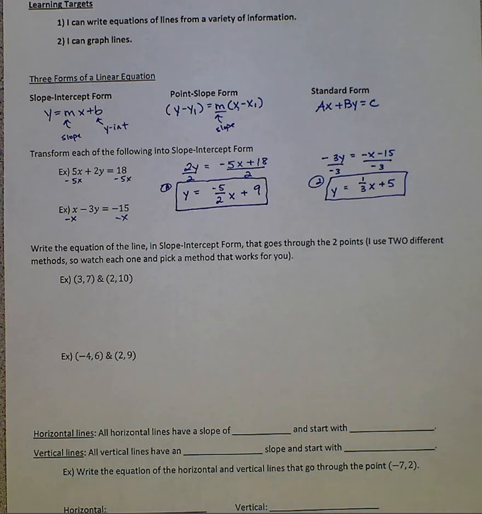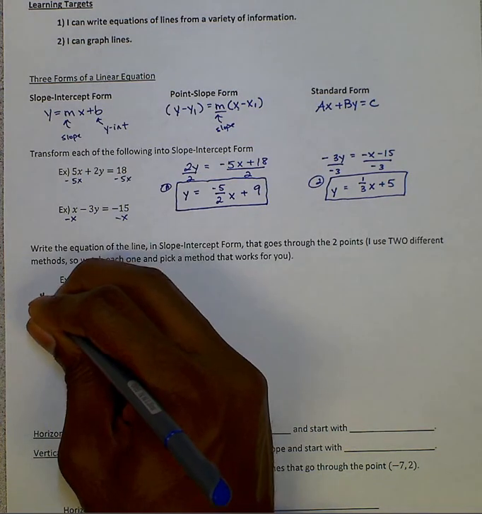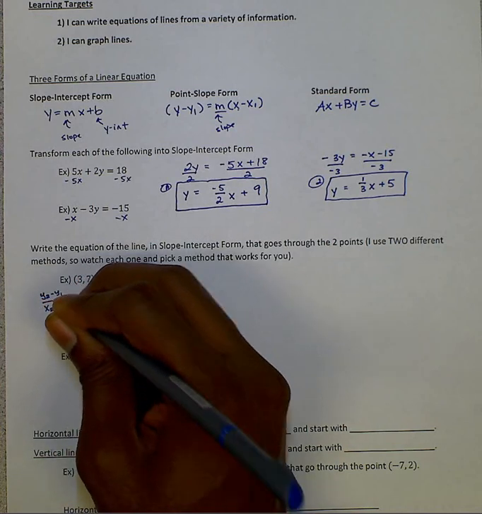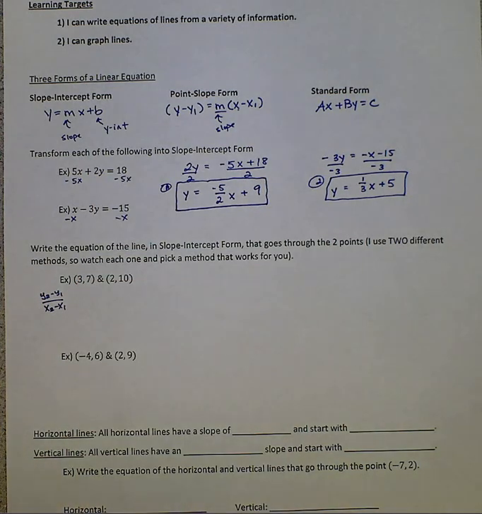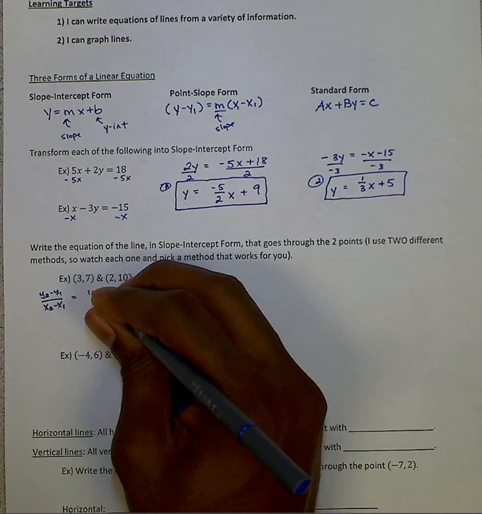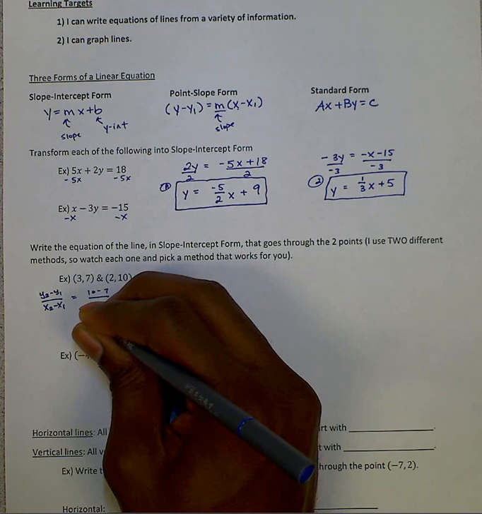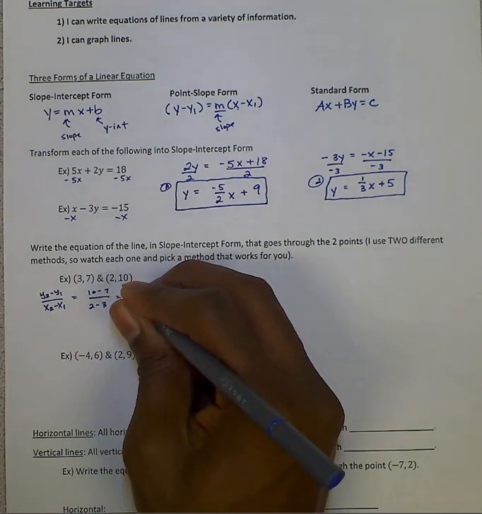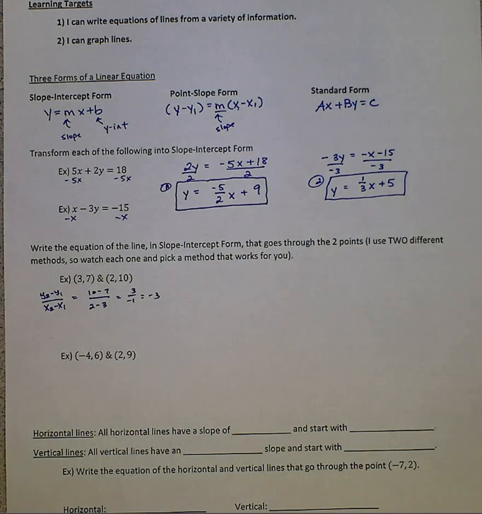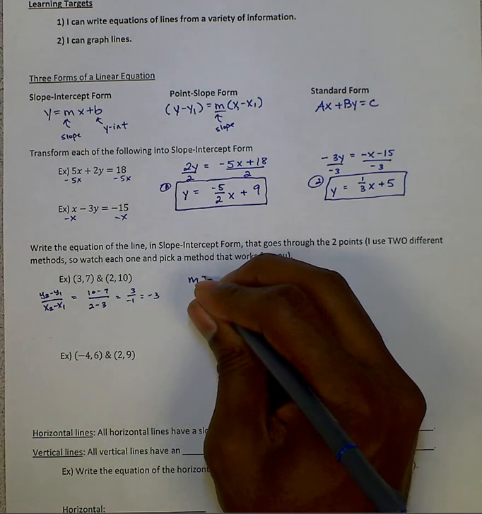You can find the slope by doing y2 minus y1 over x2 minus x1. Okay, change of the y's over the change of the x's. And so for this problem, it would be 10 minus 7 over 2 minus 3, which gives us 3 over negative 1, or negative 3. So now we know our slope is negative 3.